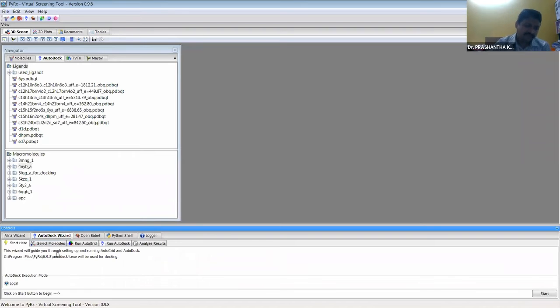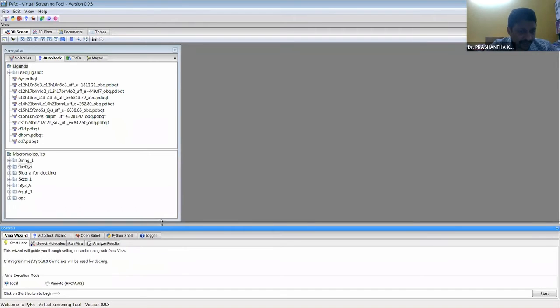There is a small difference between these two. Vina is a program and AutoDock is also another program. Vina is fast and accurate, but provides less information, in the sense we will not have ligand efficiency and other aspects.